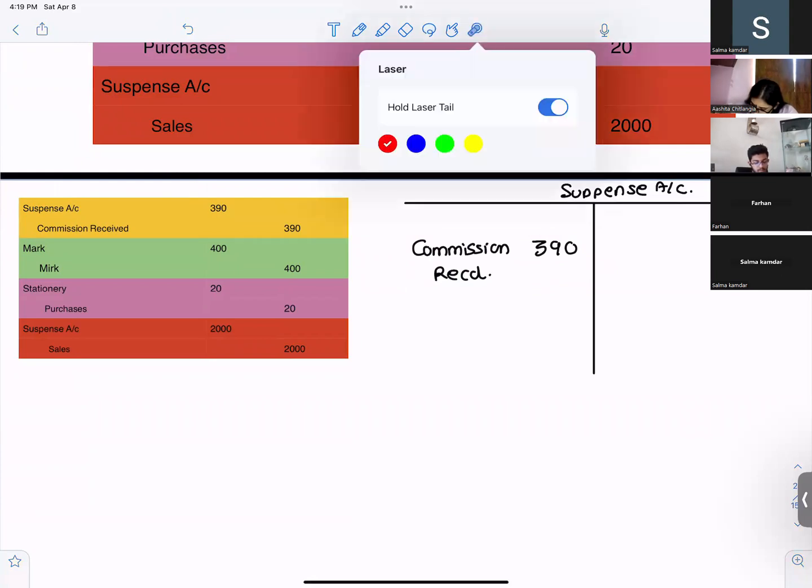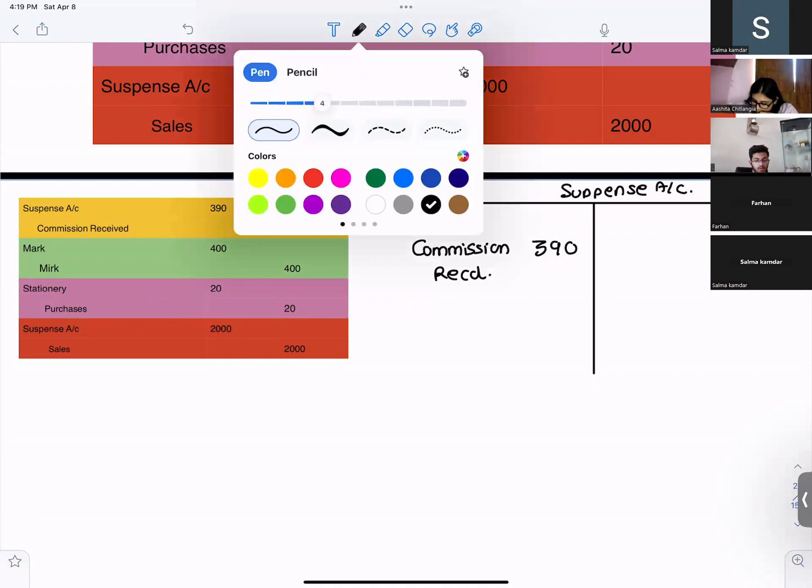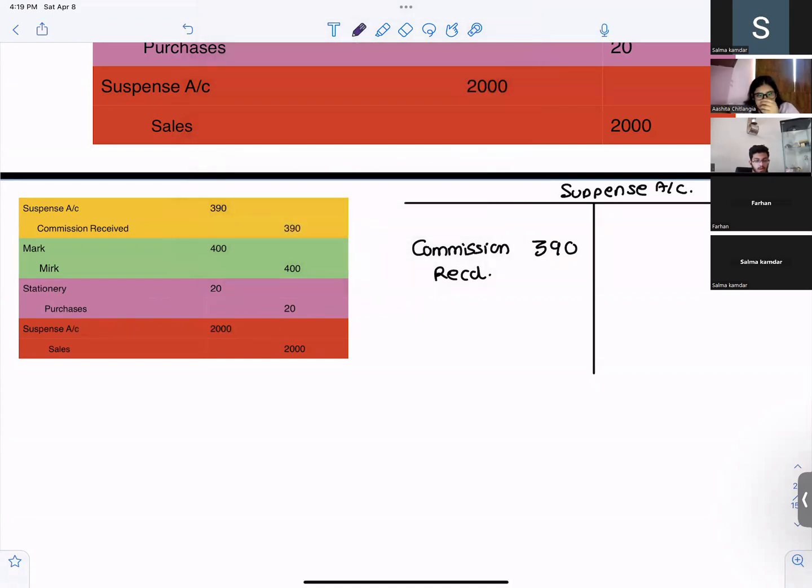Come on over here. Suspense is debited. If it's debited, I will write it on the debit side of suspense. What will I write? Sales. So I will write 2390.